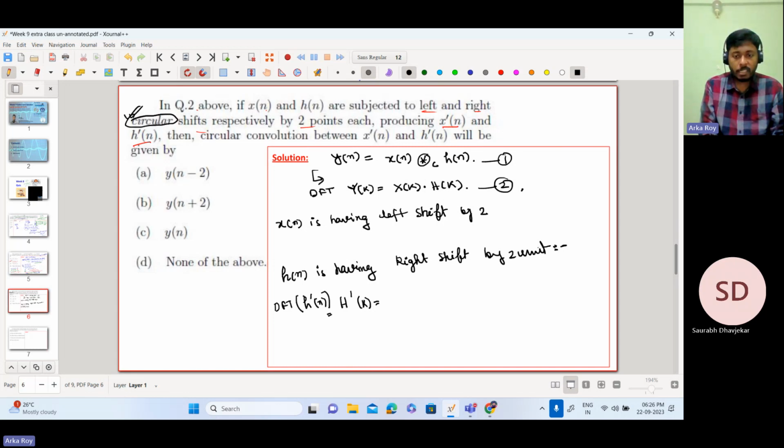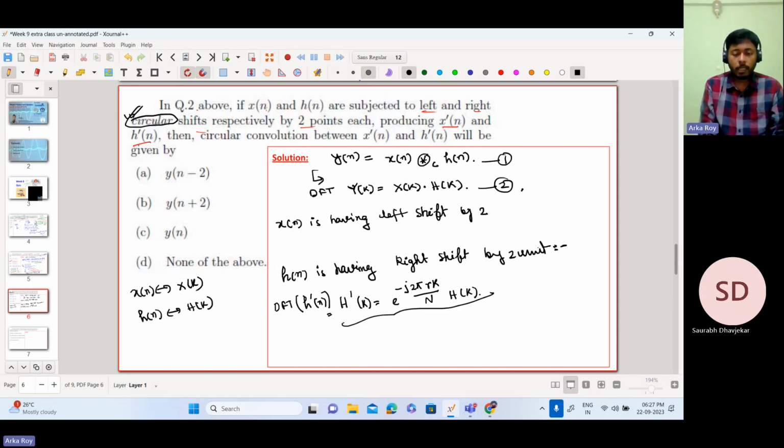So H'[k] is basically e to the power minus j 2 pi r k divided by N, multiplied with the original DFT of h[n], which is H[k]. So x[n] has DFT X[k] and h[n] has DFT H[k]. This comes from the intuition of the circular shift that is covered, I guess, in week 3 or something.